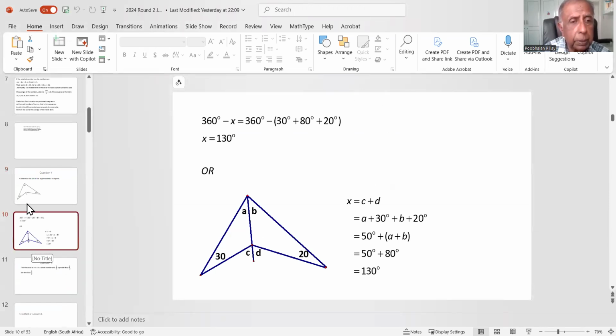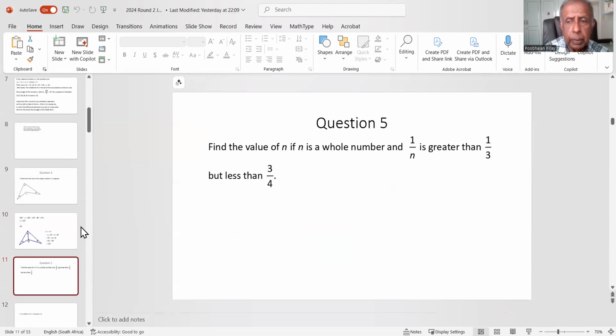All right, so we go down to the next problem, which says the following. Find the value of n if n is a whole number and 1 over n is greater than 1/3 but less than 3/4.